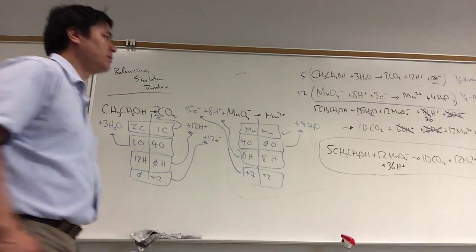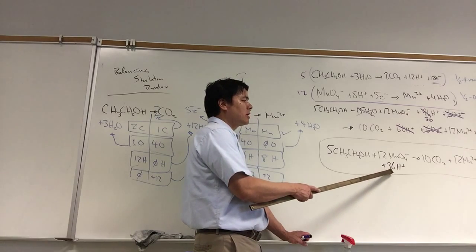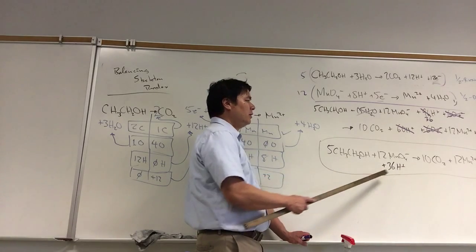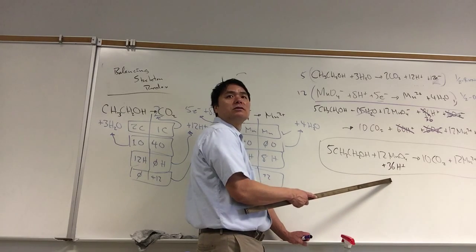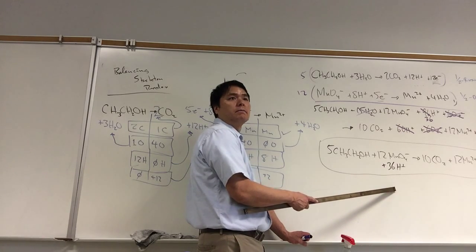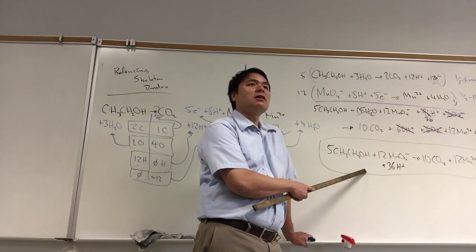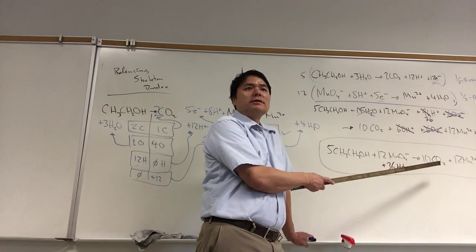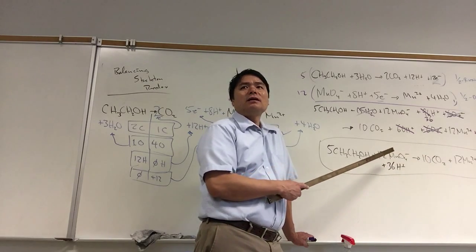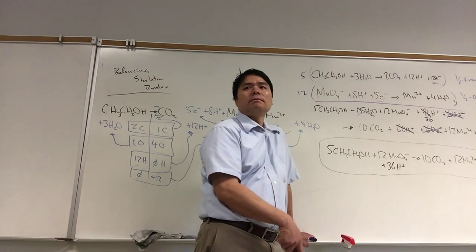In order to convert this to basic, in basic solution we can't have strong acid exist, so we'd add 36 hydroxides on the left. 36 H plus 36 hydroxides yields 36 waters. But that screws up our balance, because if we add 36 hydroxides on the left, we better add 36 hydroxides to the right. So we have to add it both to the left and to the right, otherwise our balance is all screwed up.